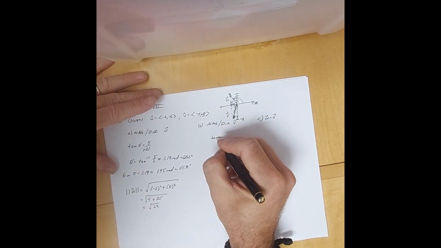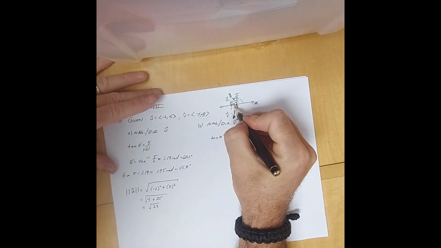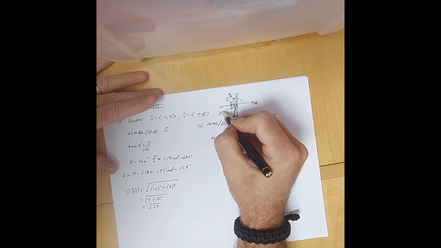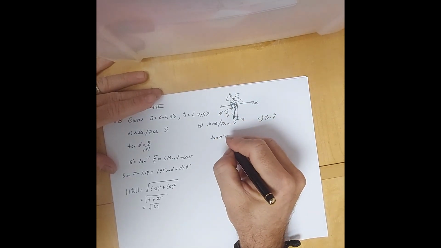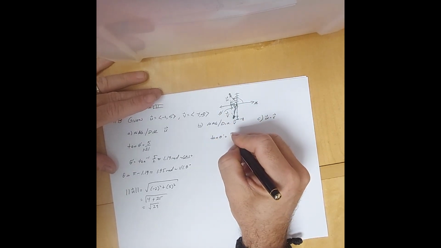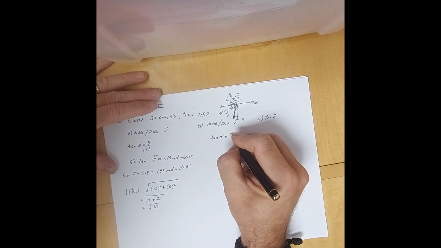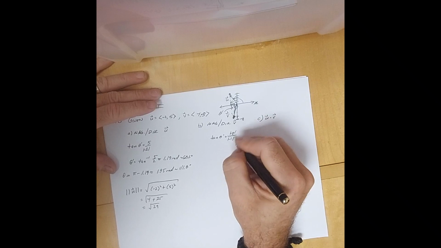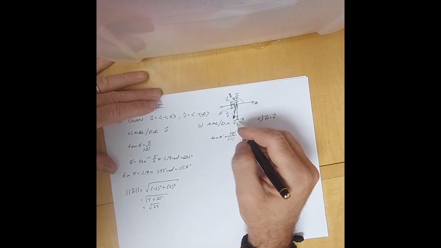So tangent of this theta prime, which would be this angle here, that's the theta prime for v, is going to be equal to the coordinate opposite, negative 8 over negative 1 in absolute values. It turns out to be positive in this case, which is okay.